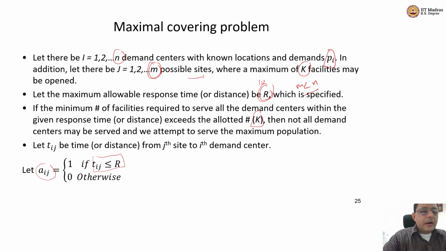So we can have this as 5 minutes first, and then we can expand that to 10 minutes. Let us impose this as 5 minutes. So this tells me whether node i can be served by a facility at j, because that will be governed by whether the distance is less than 30 miles or the time is less than 5 minutes, right? That will dictate the feasibility parameter Aij, which will be 1 or 0.